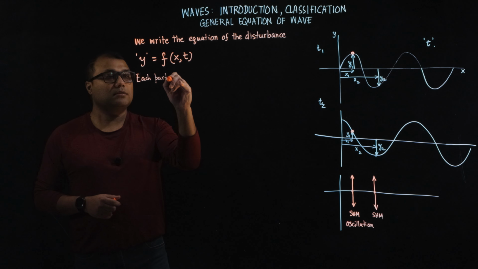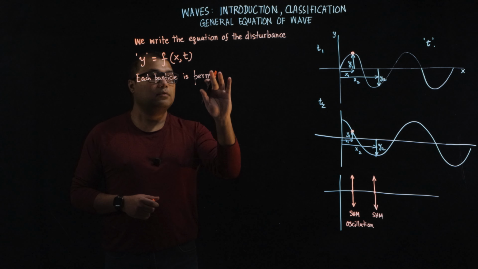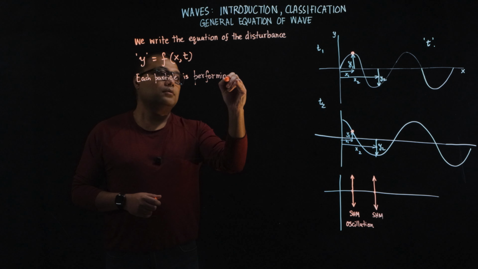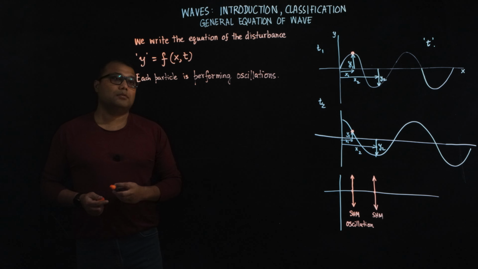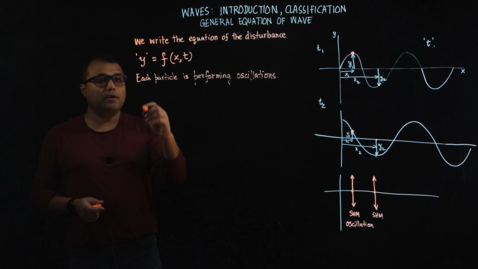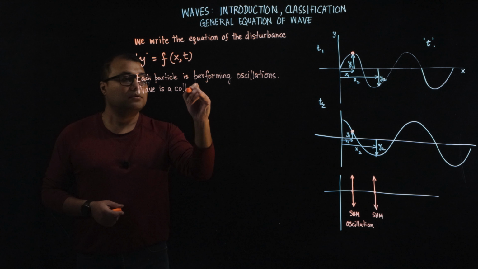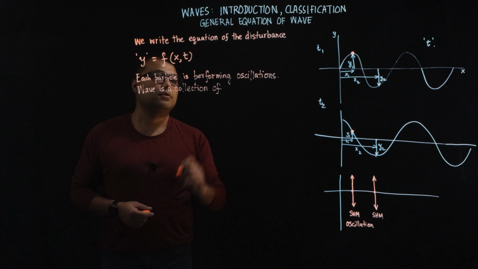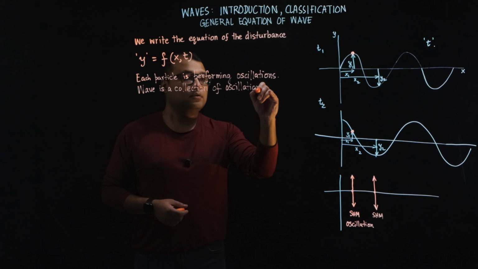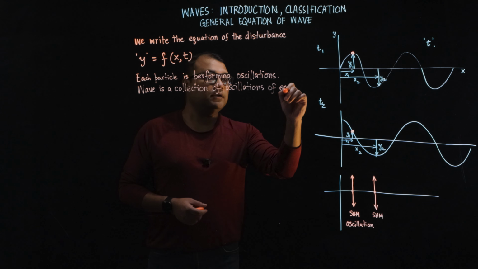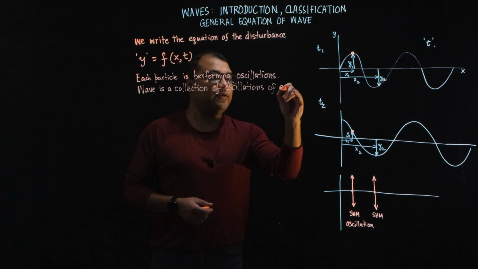Each particle is performing oscillations. Okay? Wave is a collection of oscillations of each particle, or we can write oscillation of every particle.